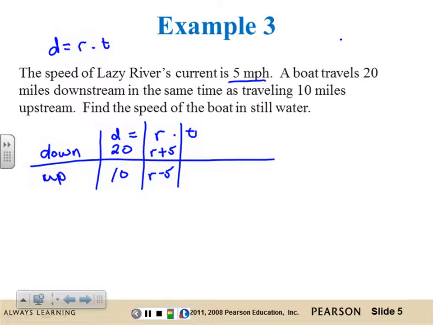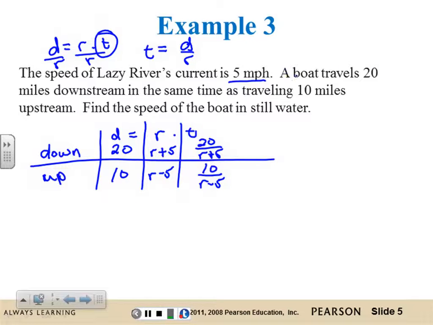Now, if I take distance equals rate times time and I need to fill in time, what I'm going to do is divide both sides by r, and so I get t is equal to d over r. And so for my downstream, I'm going to get 20 over r plus 5. And for upstream, I'm going to get 10 over r minus 5.